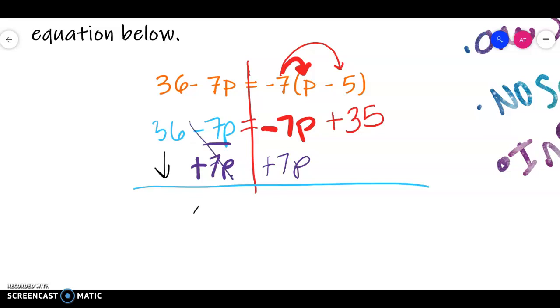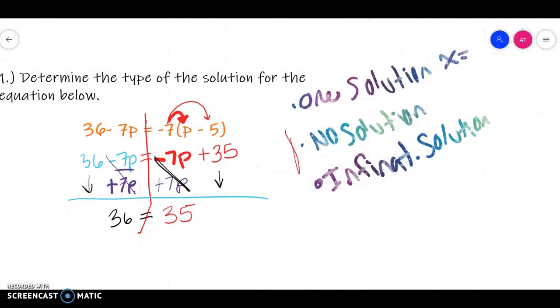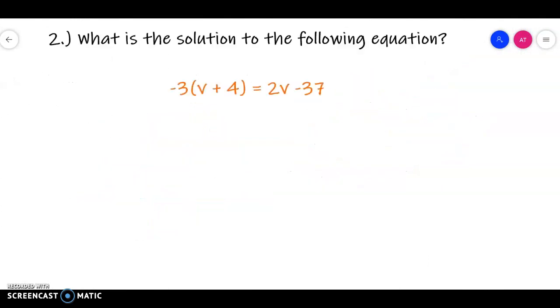All I'm left with is 36 equals, oh no, if these two cancel, and I bring my 35 down, is 36 and 35 the same number? Nope. So what we're going to do is put a slash through the equal sign, and the solution that we're going to choose is no solution. Let's move to the next one.